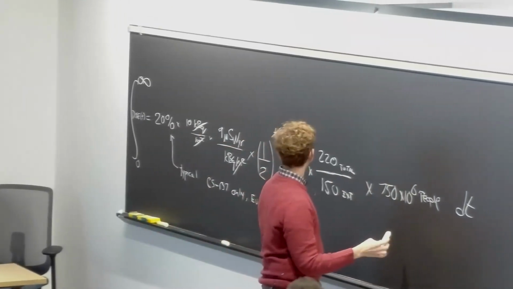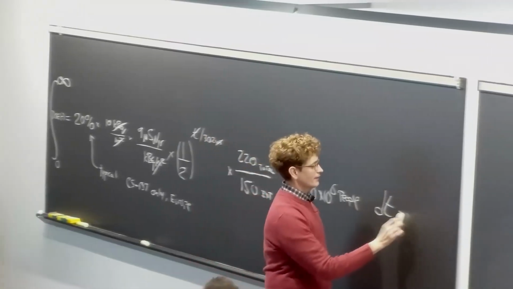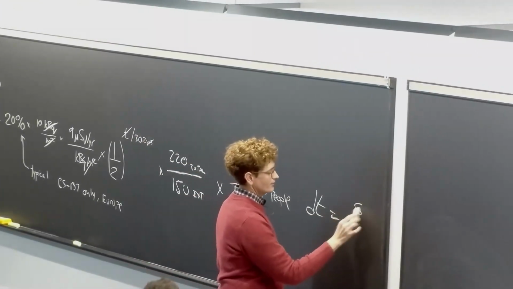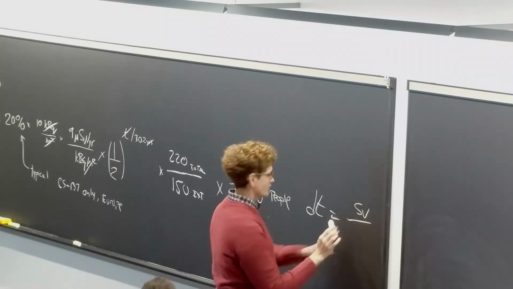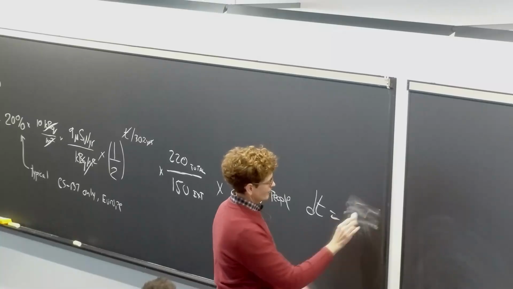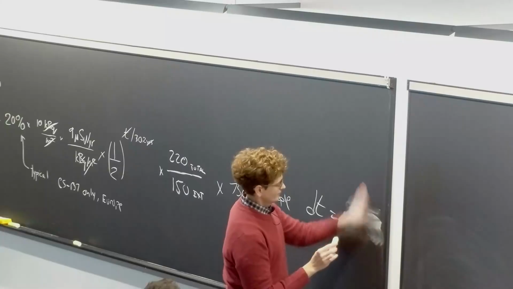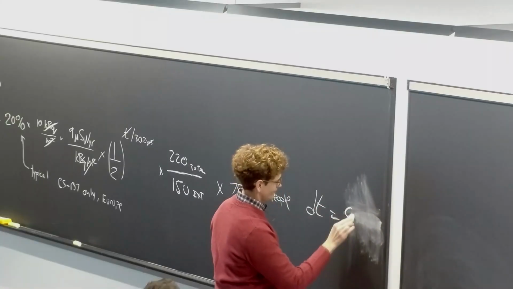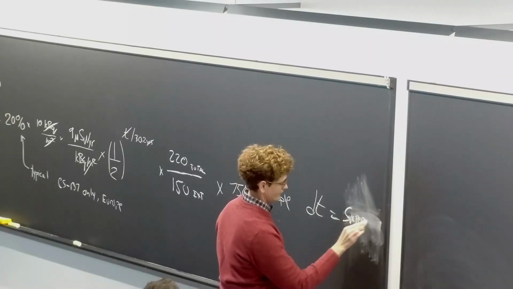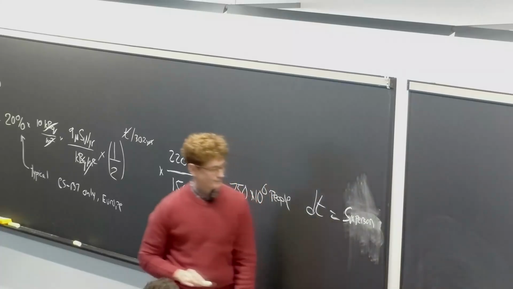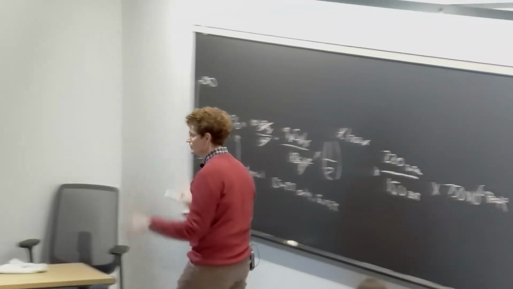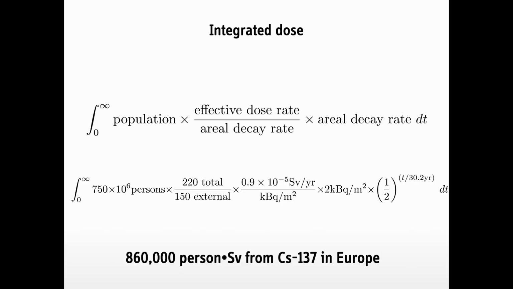And what we'll be left with is something that has units of sieverts times persons, what we call person sieverts. If you do the math and the integral, you get 860,000 person sieverts of exposure.